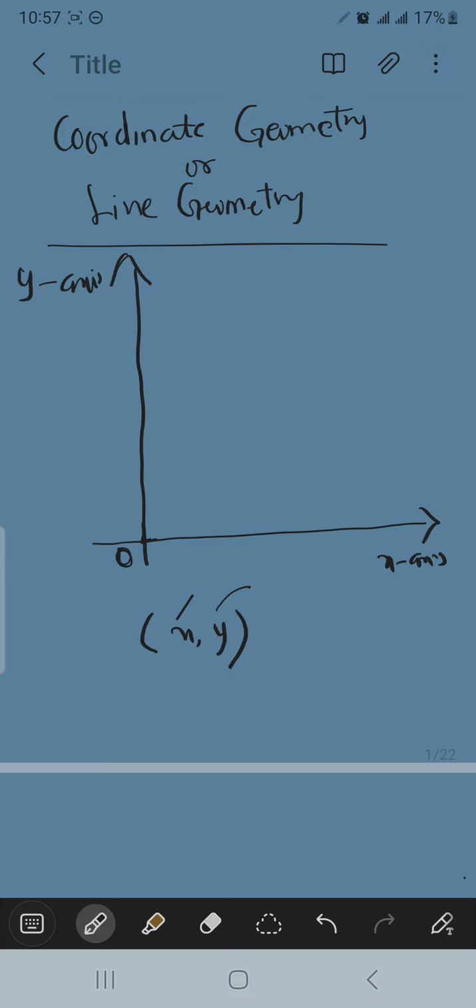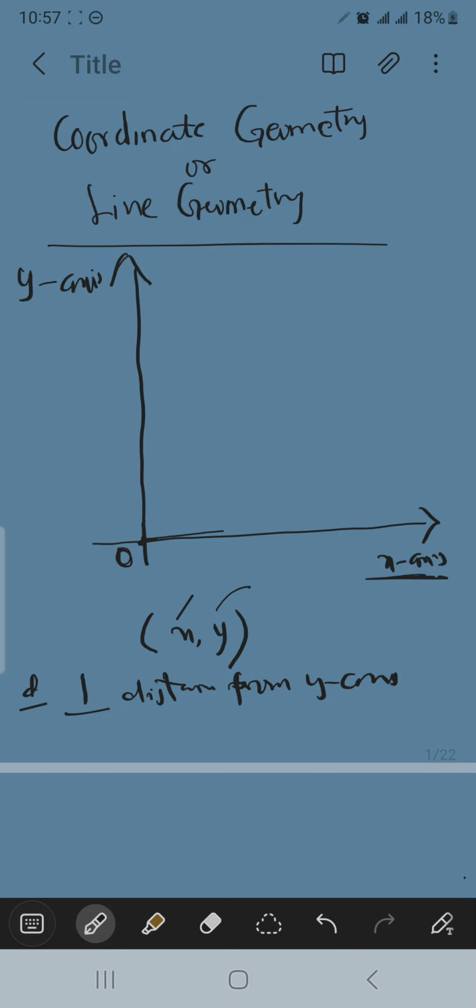Now, one thing I want you to understand is that this x-axis, it is the perpendicular distance from the y-axis, from this y-axis to here.